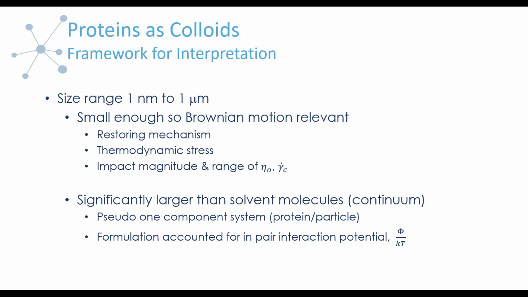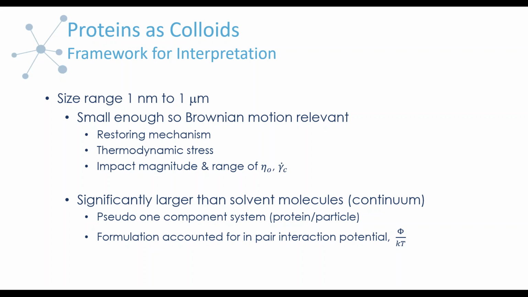Now a lot of people don't like this, and I do understand that it's not a one-to-one comparison. There are challenges with proteins that you don't have for traditional colloidal systems, but I'm not saying they're fully identical. I'm saying there are certain features of the colloidal interpretation that are absolutely valid, and we want to use those as a framework to interpret our protein data.